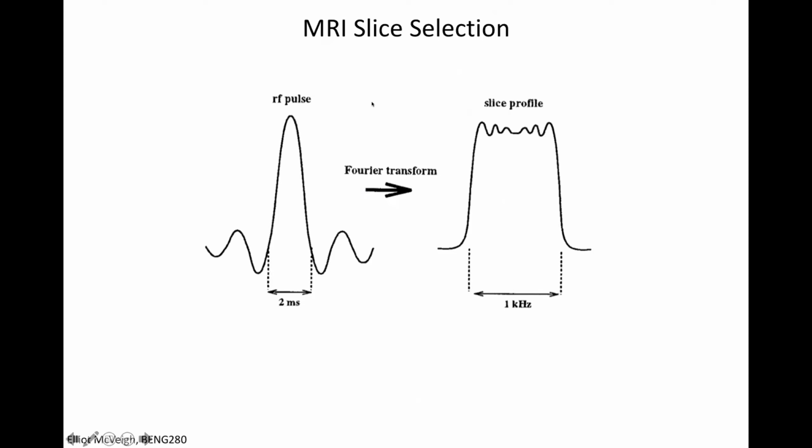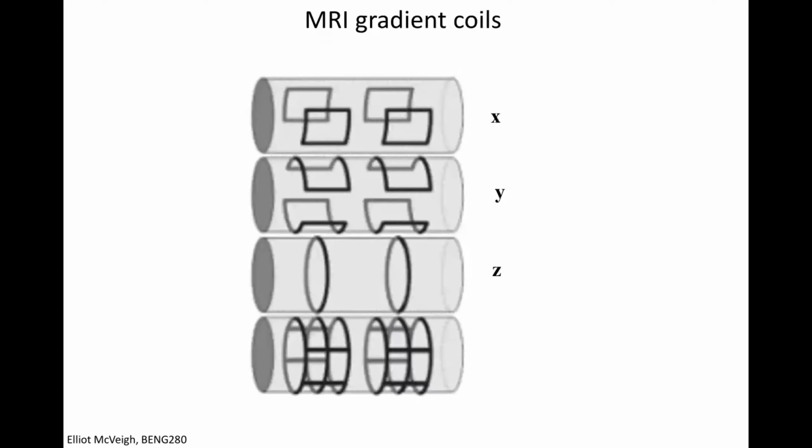So with this knowledge that we can make a linear magnetic field gradient across the sample, we can also immediately, very simply, make a volume selective radio frequency pulse. So instead of just irradiating the sample at 64 megahertz, I have this gradient on, right?